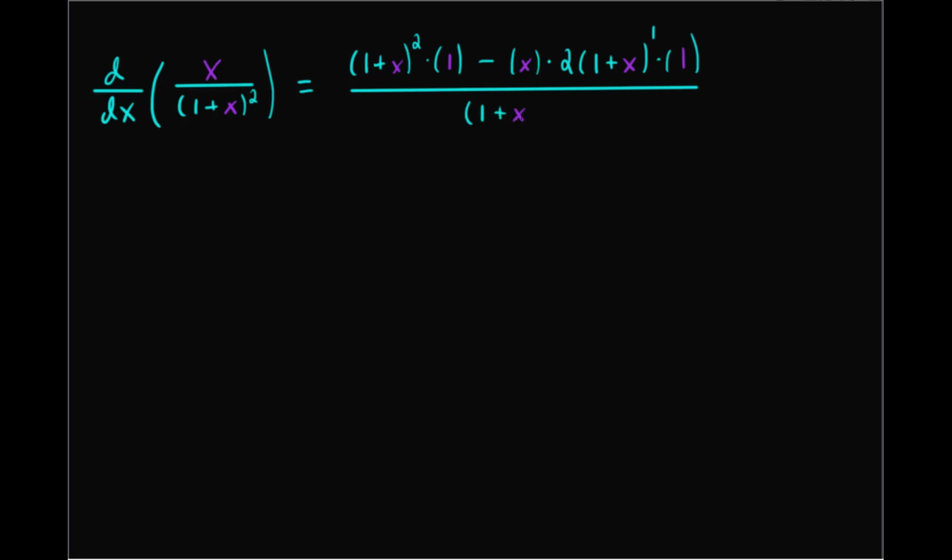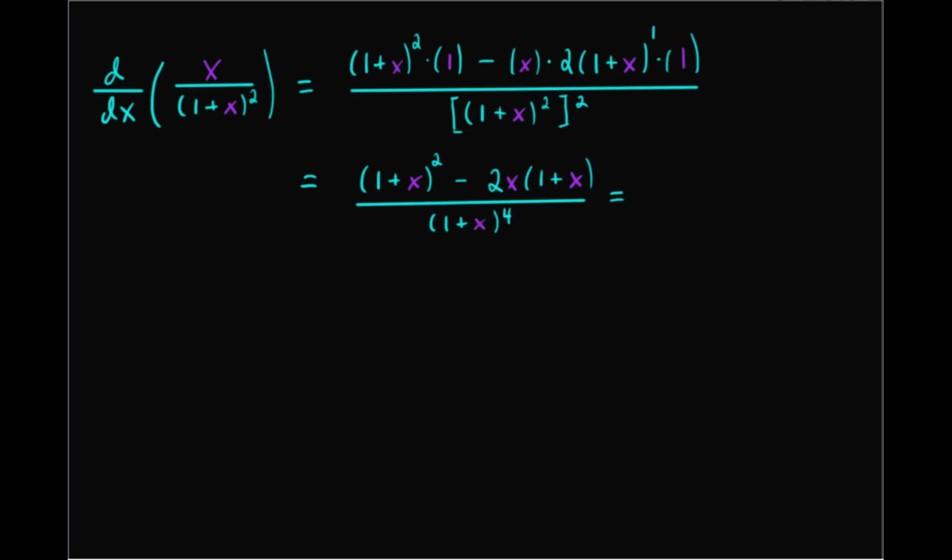So all over the quantity 1 plus x squared, squared again. Simplifying, this just equals the quantity 1 plus x squared minus 2x times the quantity 1 plus x, all over 1 plus x quantity to the fourth.